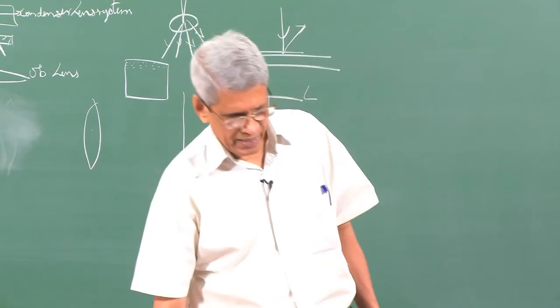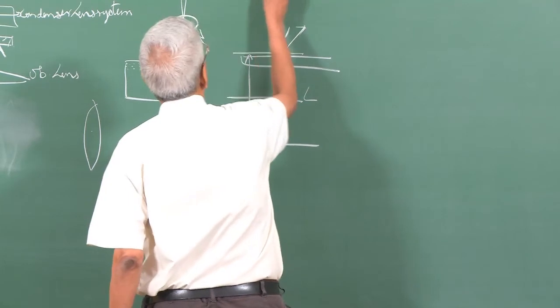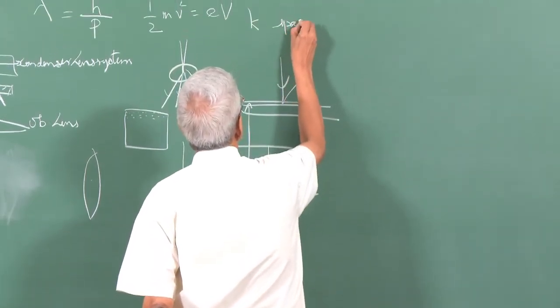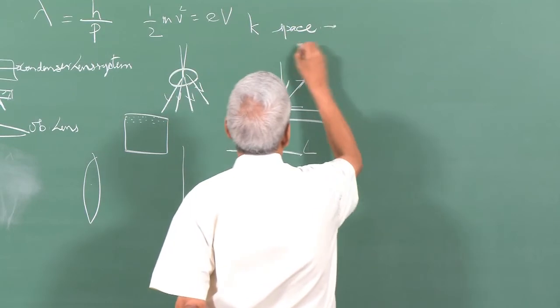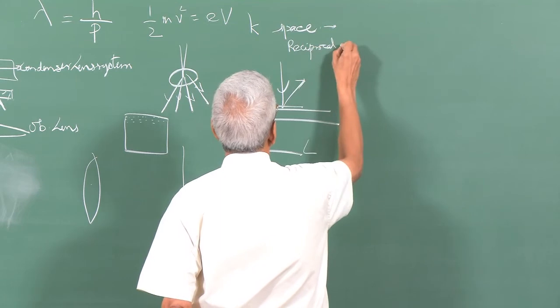That means essentially at the back focal plane is what we are getting, especially for a crystalline sample. We are talking about this, but it is true for other materials also. The nature of the diffraction will be covered in diffraction separately, not here. So, essentially what we get is K-space information or diffraction information. K-space, because momentum space is called K-space, or in a sample this can also be called reciprocal space.